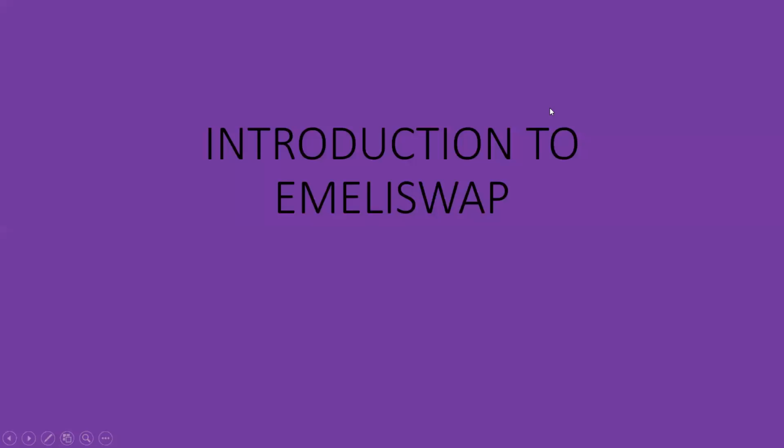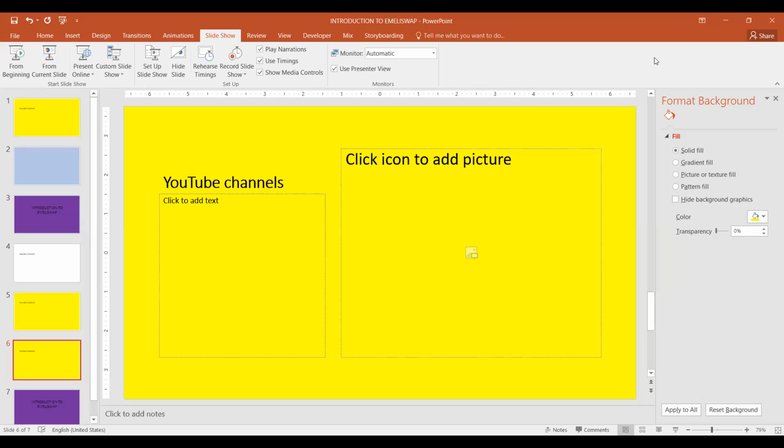First slide, second slide, third slide, fourth slide, fifth slide, sixth slide, seventh slide. That's all. So all our slides are now displayed when running our presentation. So that's how you hide and unhide or show slides during presentation.